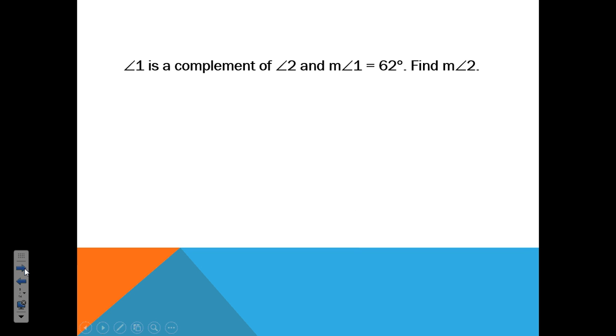Next one says, angle 1 is a complement of angle 2. And the measure of angle 1 is 62 degrees. If it's helpful to write it, then absolutely take out a piece of notebook paper so you can take some notes on that.